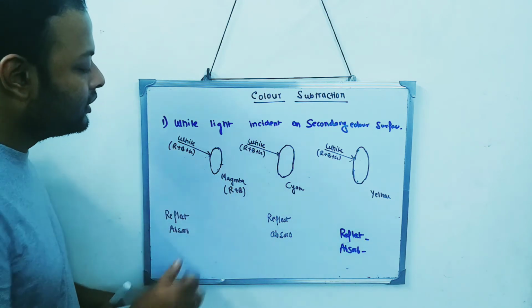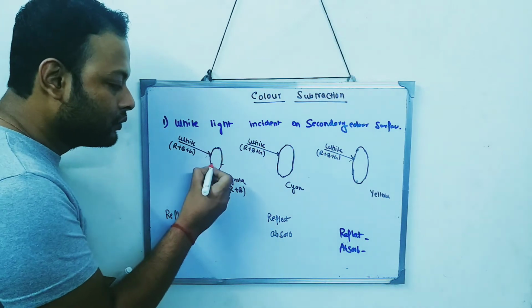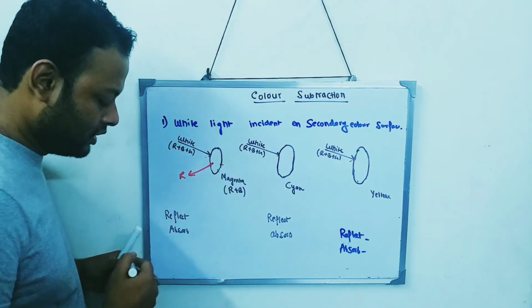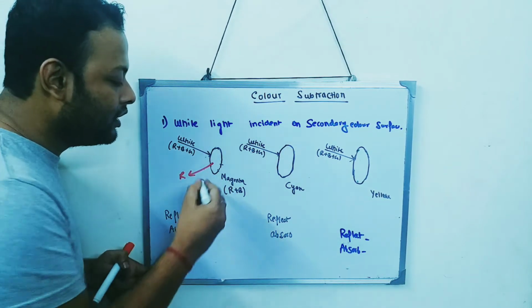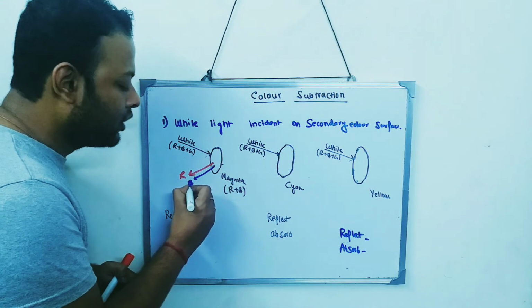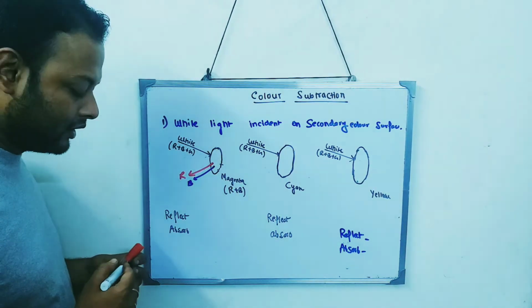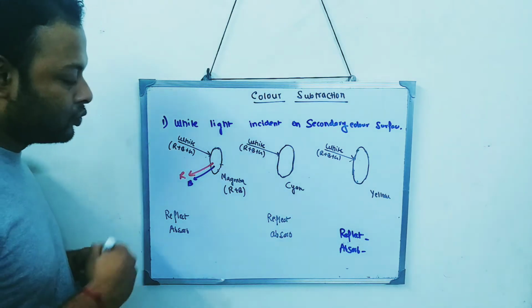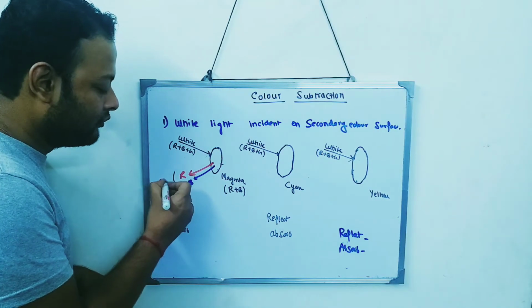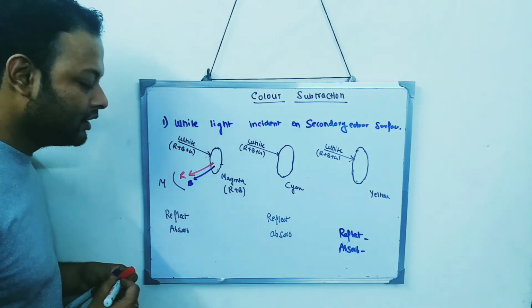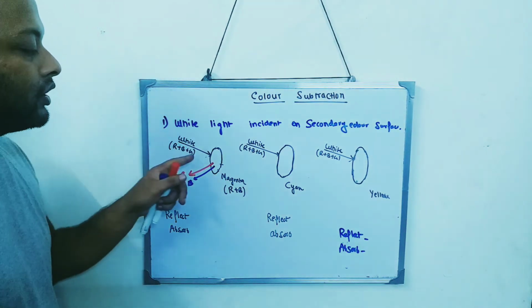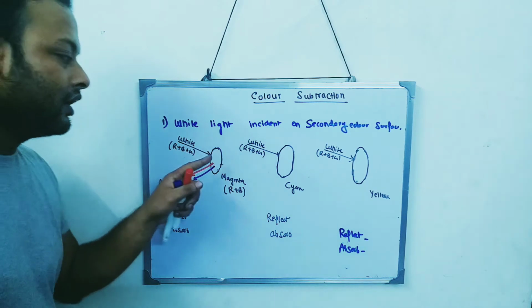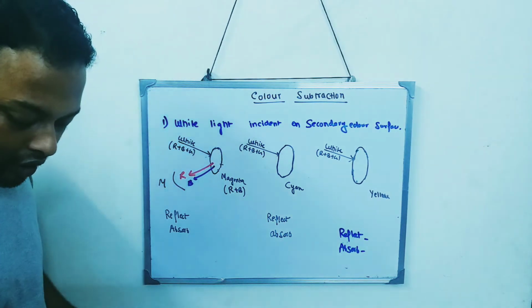So it will only reflect the red and blue color from the white light. The red color and blue color together combine and form what color? Magenta color. And what about the green light? The green light is getting absorbed.